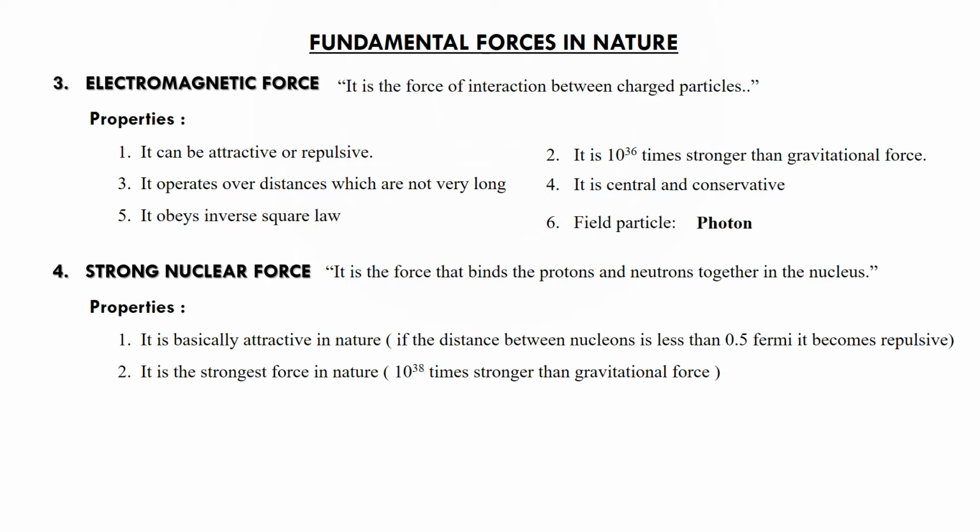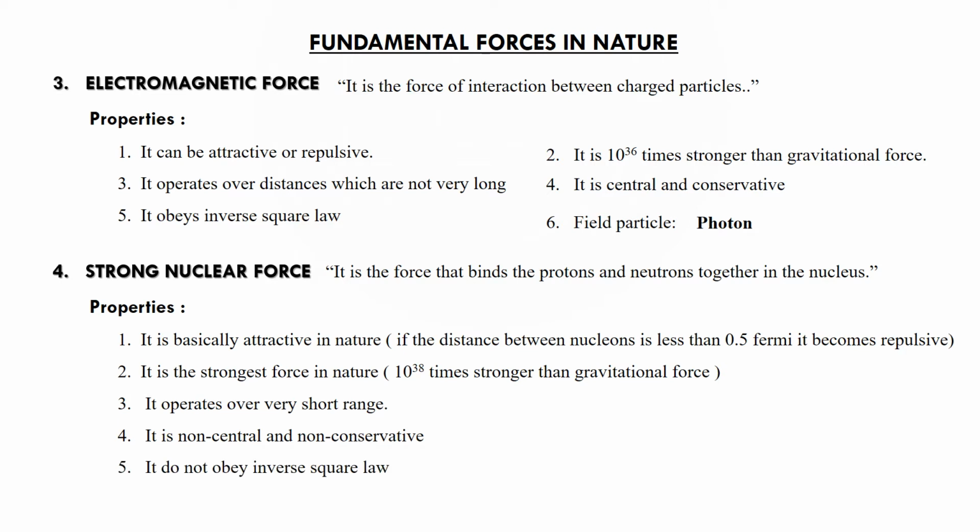It is the strongest force in nature, 10 to the power of 38 times stronger than the gravitational force. It operates over very short distances. It is non-central and non-conservative. It does not obey the inverse square law, and here the field particle is the pi meson.